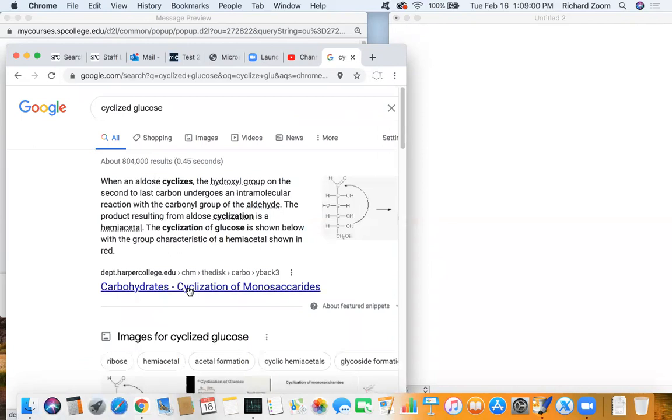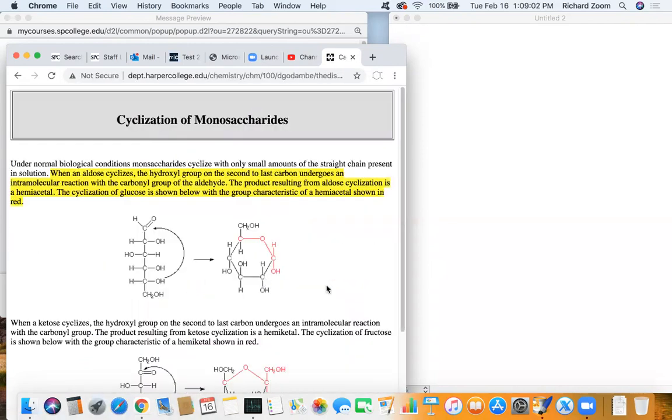So what you're looking at here, this is a C double bond O. Whoops. What was that for? Am I not hearing people? No, you're fine. So where'd that chat message come from?